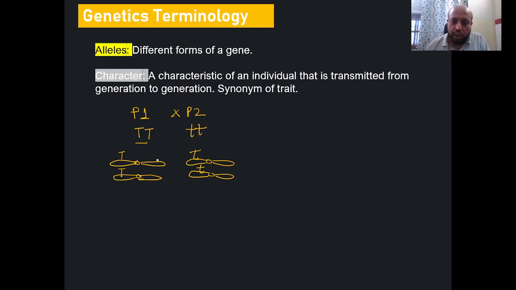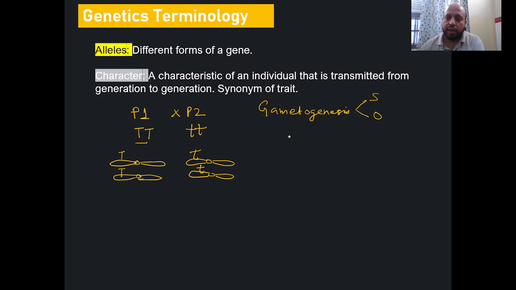Now, during the process of gametogenesis, which depending upon the sex is called spermatogenesis or oogenesis, the total number of chromosomes becomes half.